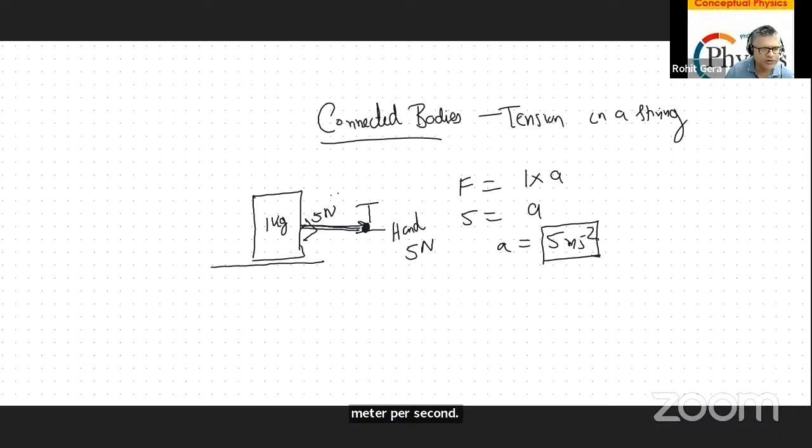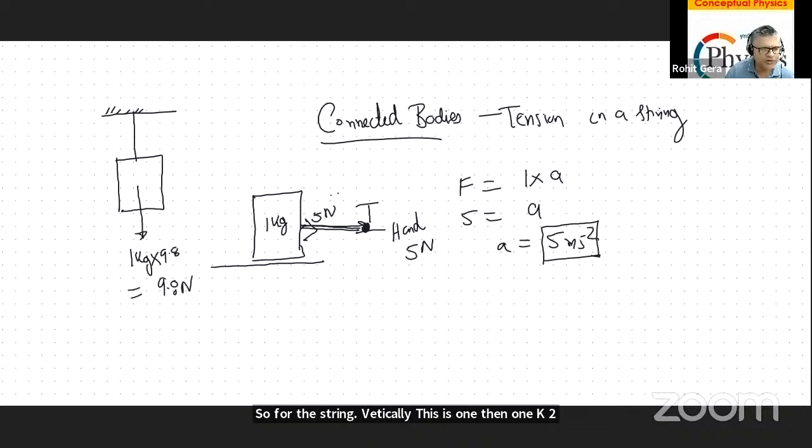Whatever is attached to the string, if I connect it vertically, and this is 1 kg, then 1 kg times 9.8 is equal to 9.8 newtons downwards. But the string with which this 9.8 newton weight is connected will pull it up with 9.8.